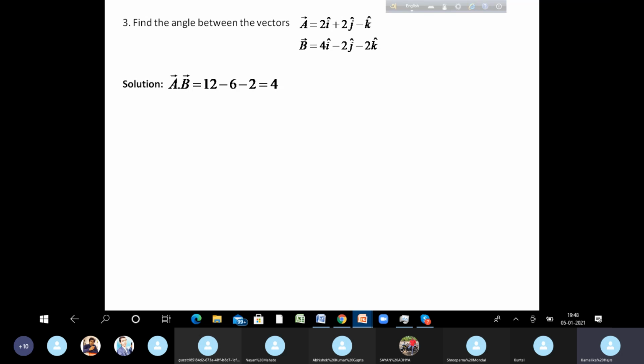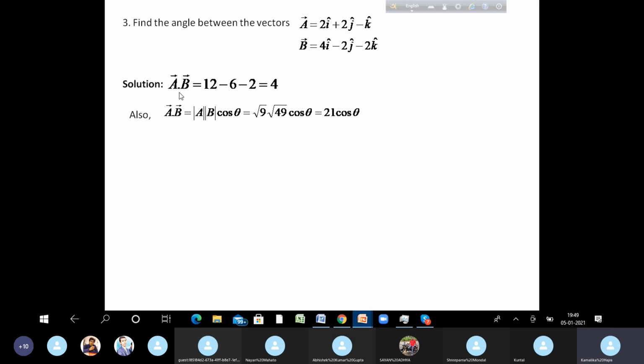Remember, I told you that when you are given dot product problems, you have to use both the formulae. So from the component formula, you get a dot b as 4, whereas from the formula ab cos theta, you get magnitude of a is root 9, magnitude of b is root 49, into cos theta, so 21 cos theta.